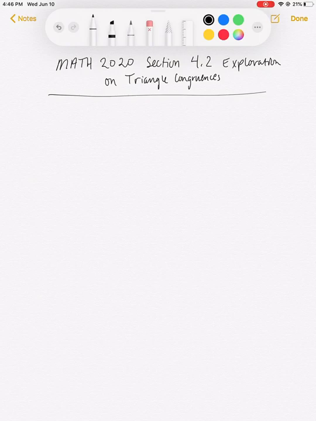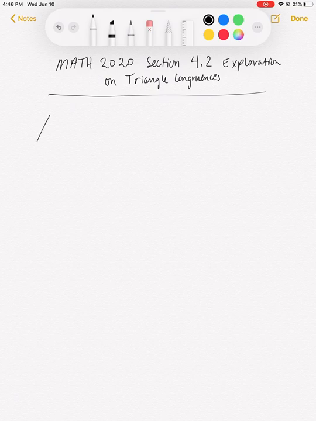Okay class, this is the exploration on triangle congruences from section 4.2 in our book. Now we need to identify whether or not in any figure or any homework problem or any part in life, two triangles are the same size and shape. They could be in different orientations, and so that's the tricky part.